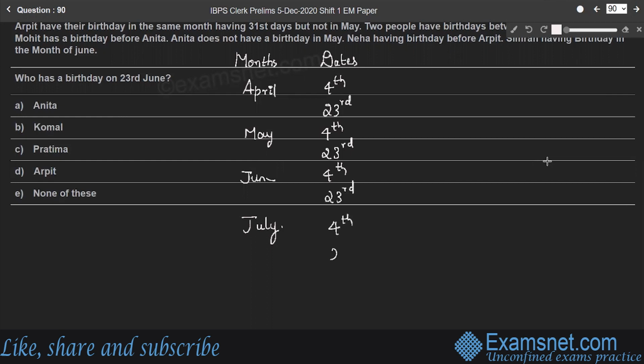And also the number of days in each month: April has 30 days, May has 31, June has 30, whereas July has again 31 days. So we have to find which person was born in which month or on which date, right?